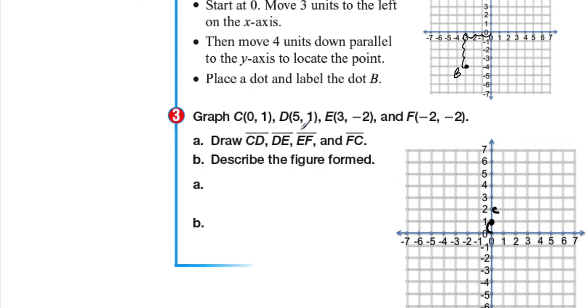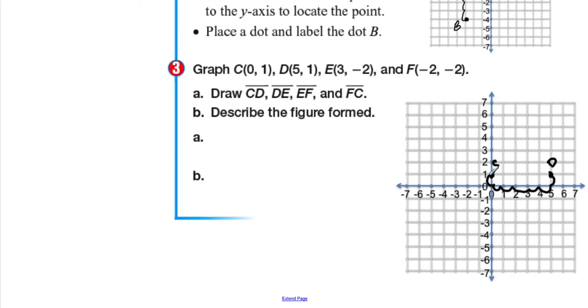Let's graph point D, which is 5, 1. The x coordinate is 5, so we move 5 units to the left, 1, 2, 3, 4, 5, and then 1 unit up because it's positive 1. So this is point D. Let's graph 3, negative 2. Again, 3 units to the left, 1, 2, 3, and then 2 units down because it's negative 2.